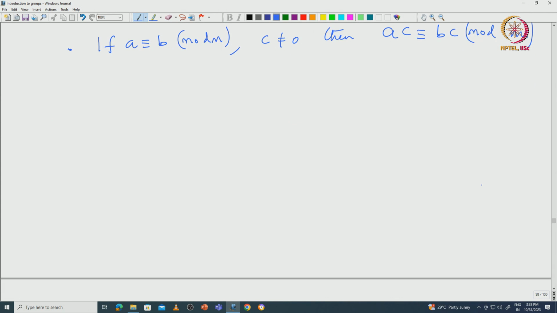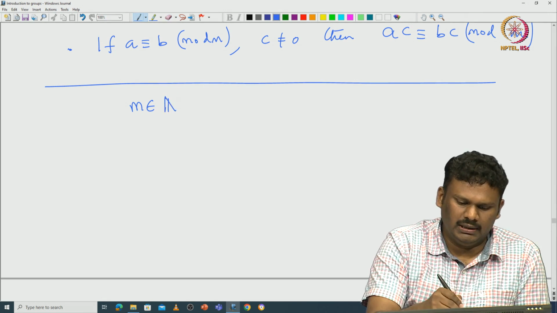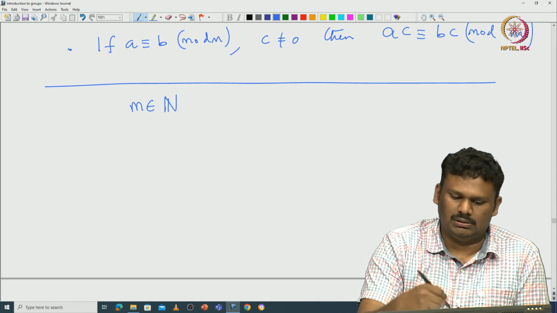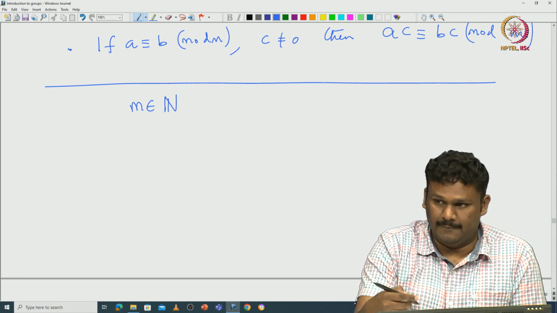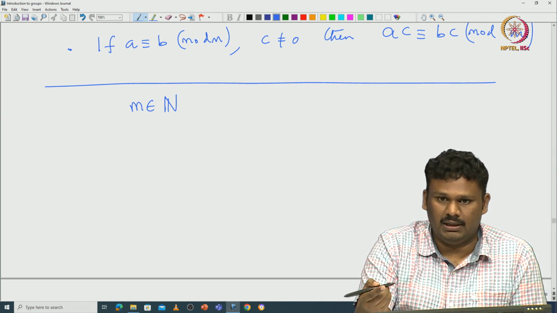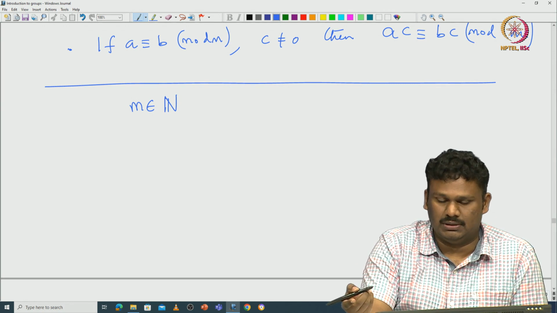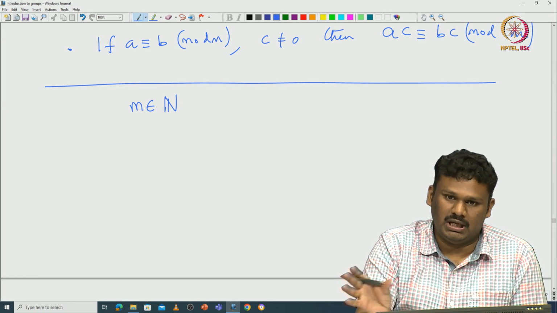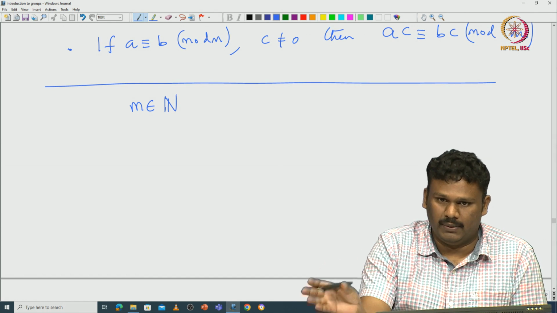Now what we are interested in is a complete residue system modulo m. We have already seen that if you take m, a positive integer, and divide each integer by m, you get residues, and these residues can be between 0 and m minus 1. But this can also be changed to 1 to m or 2 to m plus 1 and so on.